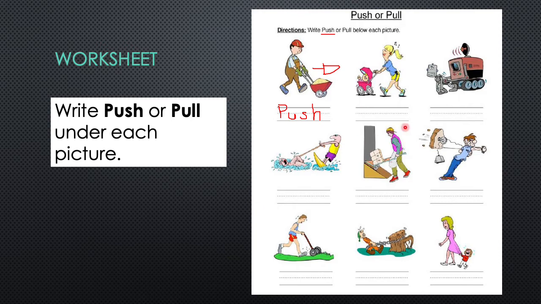Let's see. So here, what is she doing with the baby? Is she pushing it or pulling it? How about the robot? Pushing or pulling? The man is swimming. What is he doing with his friend? Is he pushing his friend or is he pulling his friend? Again, getting into the back of the truck.